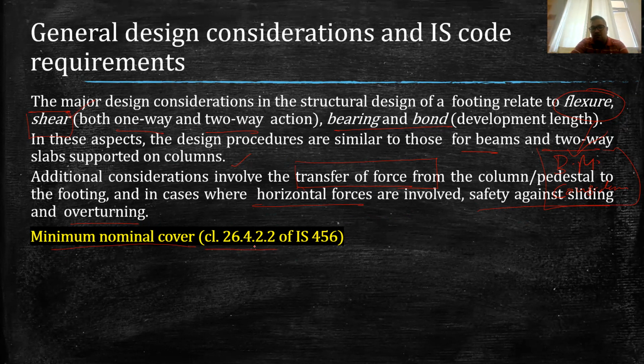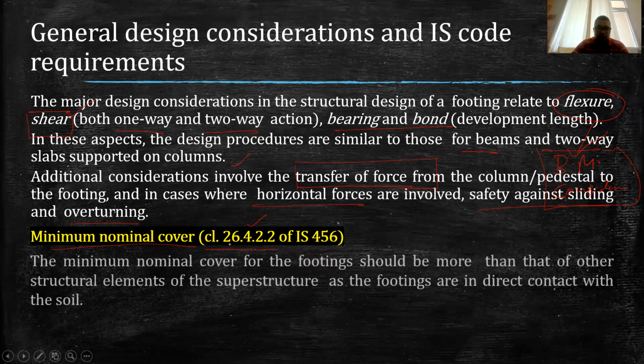Generally, clear cover is taken based on the exposure condition for the superstructure elements, and generally we follow Table 16 for the values of clear cover. But for foundation, the IS code has specifically mentioned the clear cover, so that we will see.